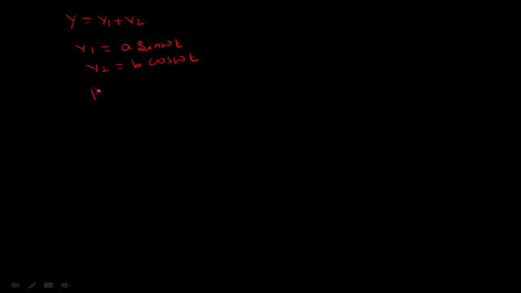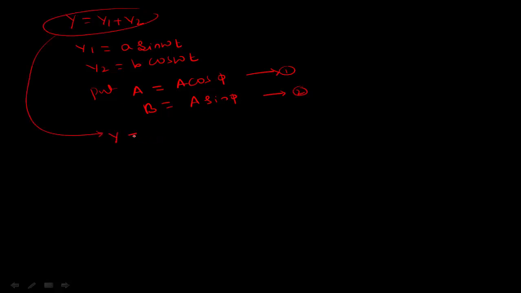Here we put capital A is equal to a cos phi and B is equal to a sin phi. This is equation number 1 and this is equation number 2. Therefore, y is equal to y1 plus y2, that is a sin omega t into cos phi plus a cos omega t into sin phi.